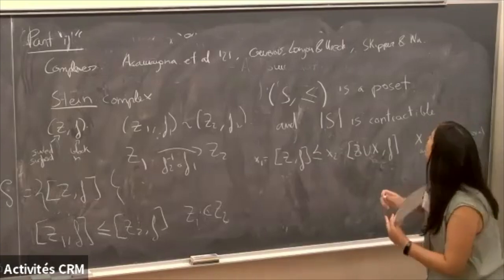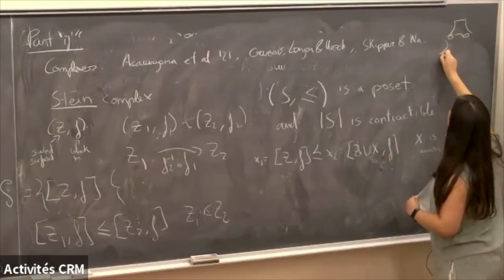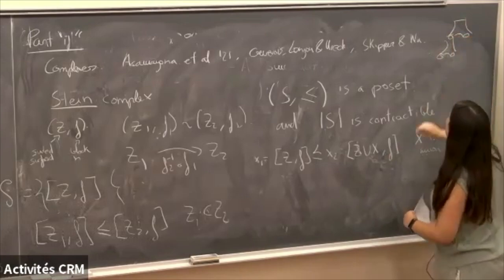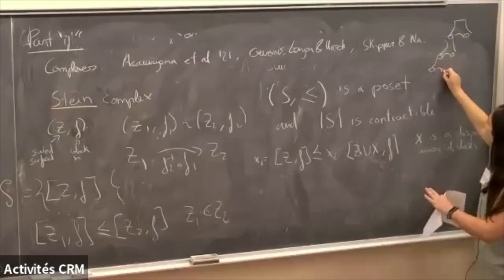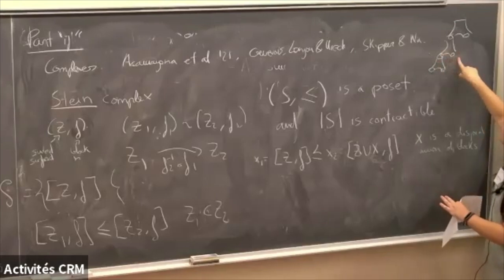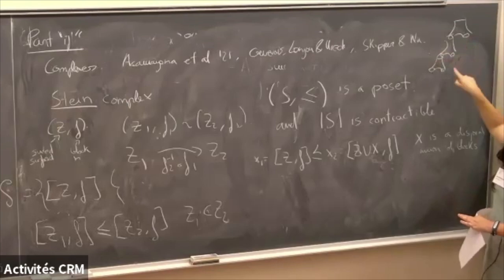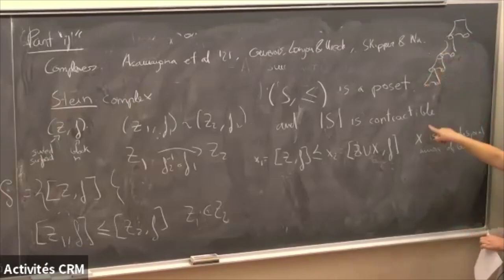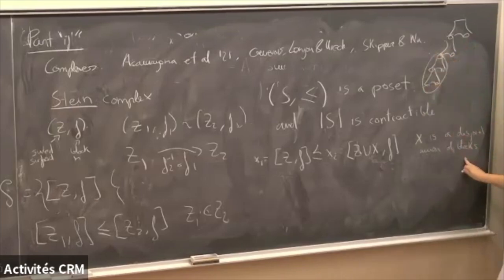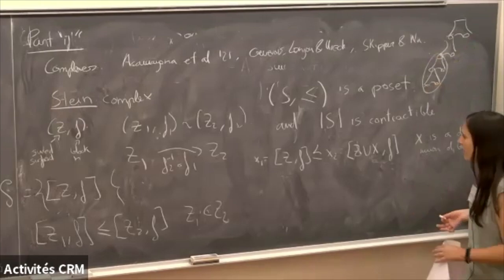So if you have your tree of pairs of pants, you can only add one pair of pants in each boundary component. You cannot do this otherwise, because then X won't be a disjoint union. So it's a finer thing, right?